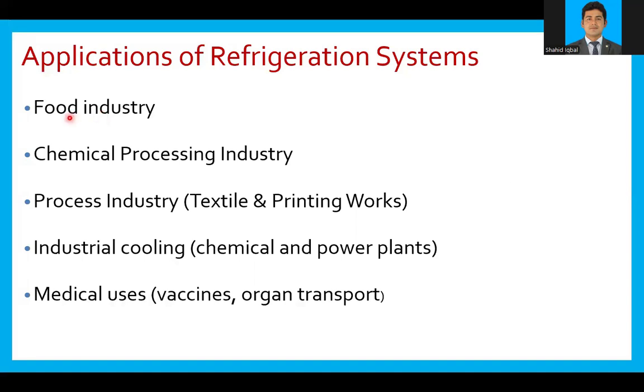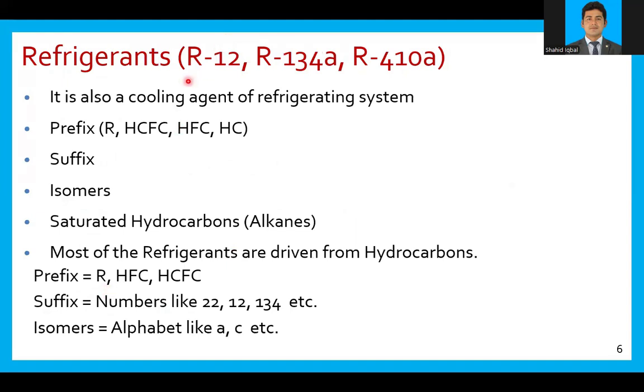For example, in food industry and chemical processing industry, process industry like textile and printer works. So industrial cooling in chemical and different power plants, refrigeration systems are being used. In medical uses, for example, for the transportation of organs and for different vaccines. So these are a few important applications of refrigeration systems.